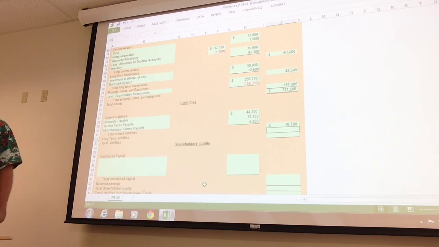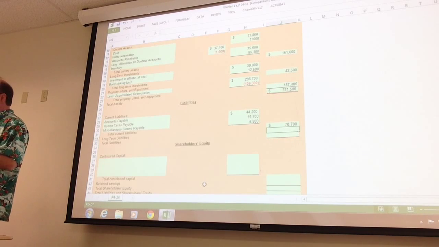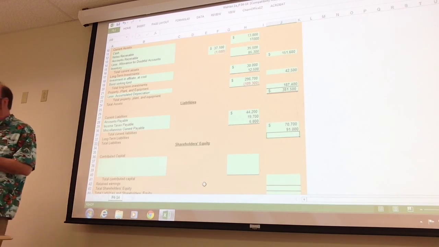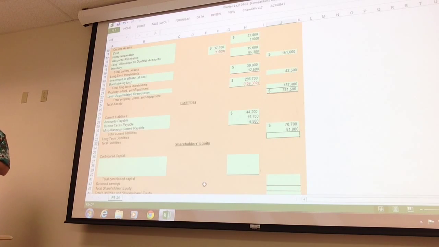So that's an adjunct liability account, adds up, so that brings that to $49,800. And that's the one whose retirement is being funded by the sinking fund. And then lastly, there's a 13% note payable that has $6,200 face value that doesn't mature until January 1, 2016. So those three types of debt instruments make up this $91,000 of long-term liabilities.